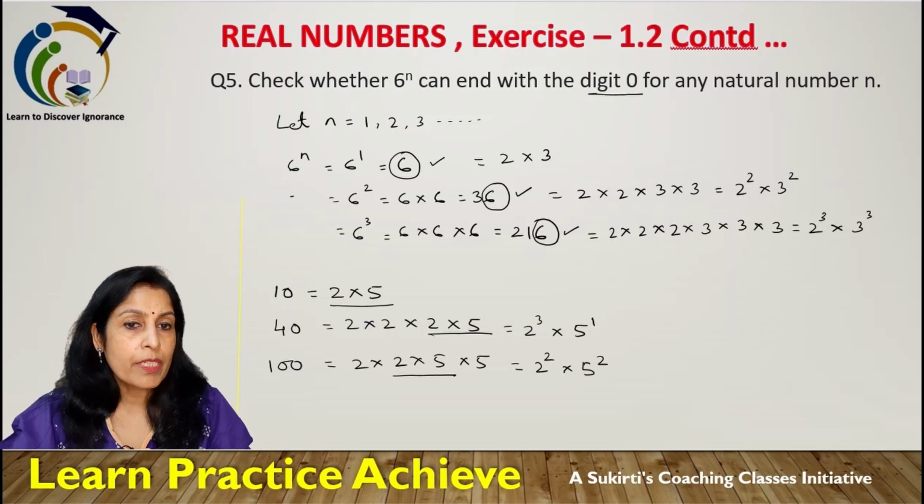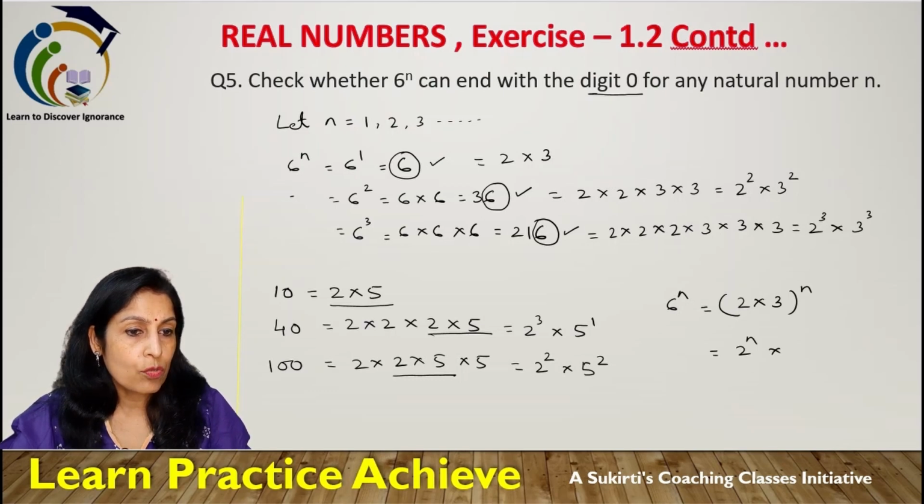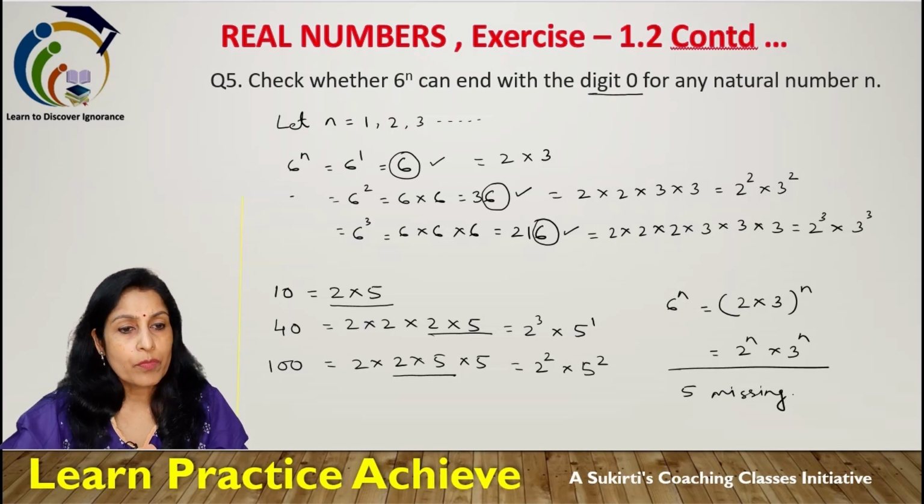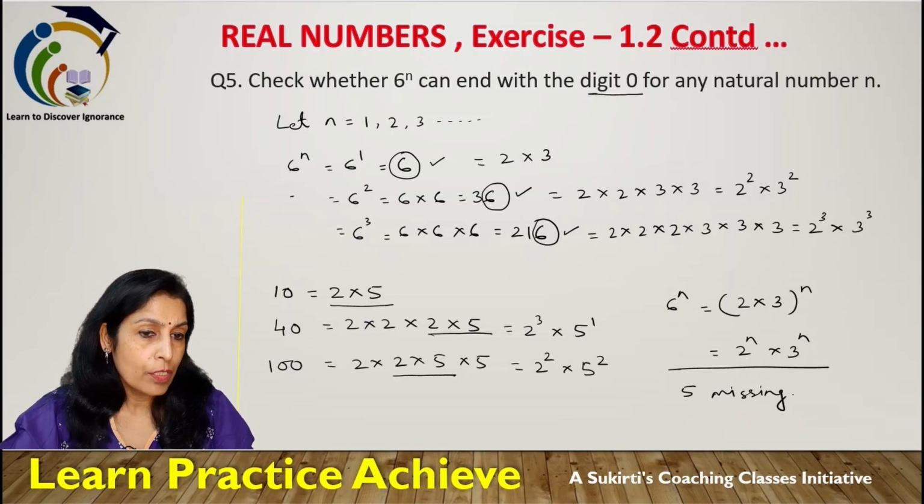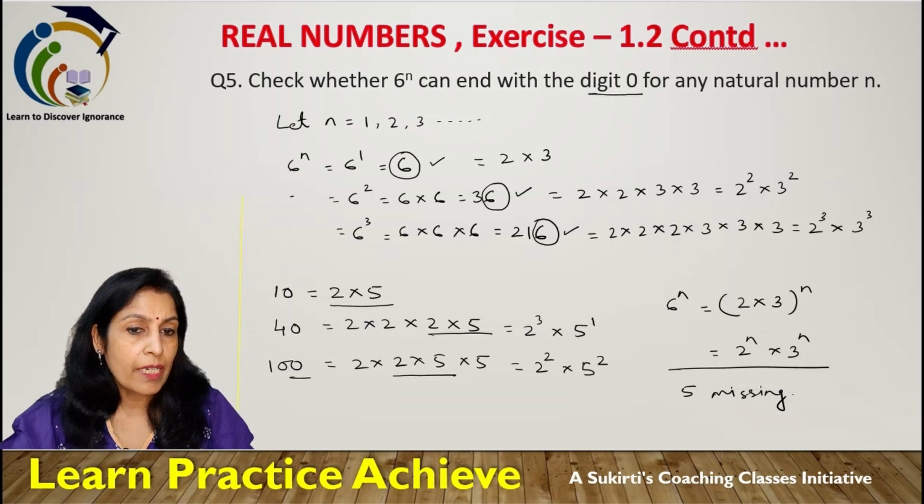And when we factorize the number 6 to the power n, we get 2 into 3 whole to the power n, that is equal to 2 to the power n into 3 to the power n. It means here in this question 5 is missing. If 5 is missing in the factors, then you will not get a number which ends with 0.